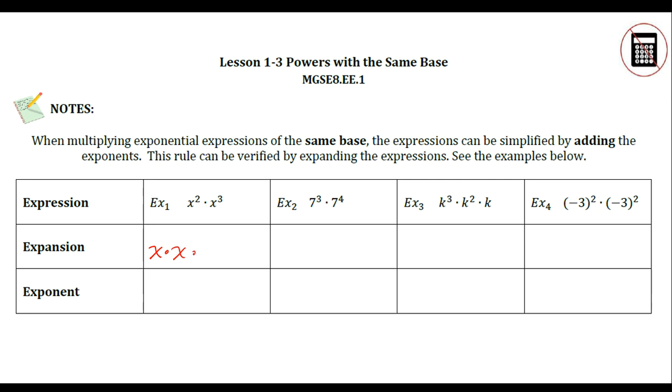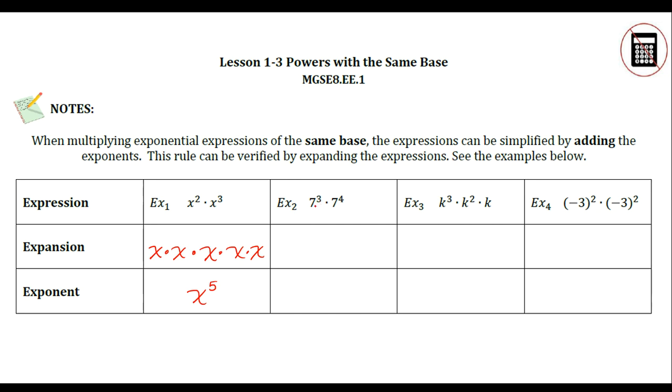Then we're multiplying that times x cubed, which is x times x times x. So when we put this back together as one base, we really have x to the 1, 2, 3, 4, 5, x to the fifth.